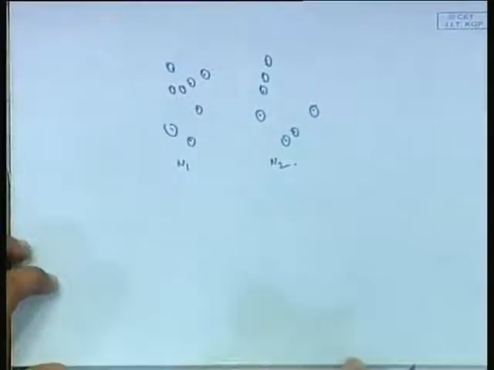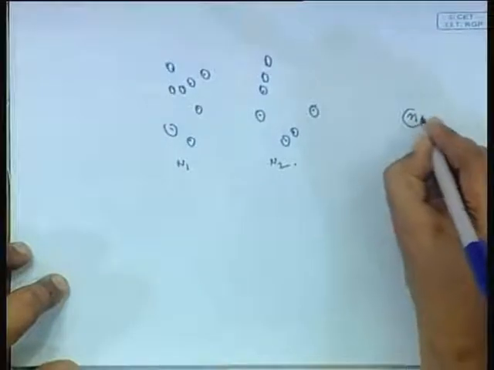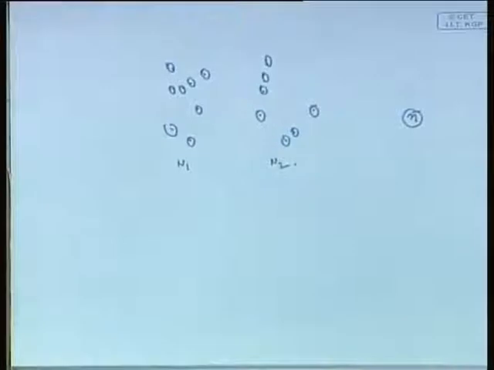No problem. And the total number of nodes in the network is n. So, in order for two giant components to exist, what has to be there?